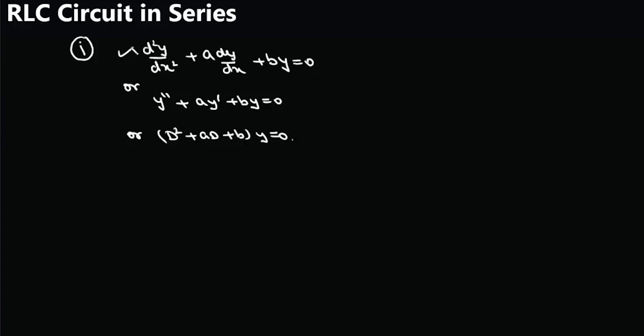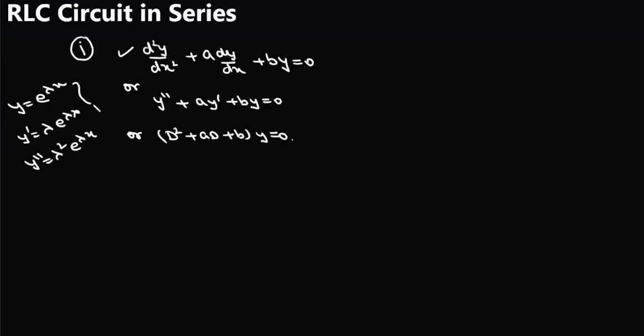Now how do we solve this? We know that for a linear homogeneous second degree equation, the solution is of the form y equals e to the power lambda x. So y dash will be lambda e to the power lambda x, and y double dash will be lambda square e to the power lambda x.